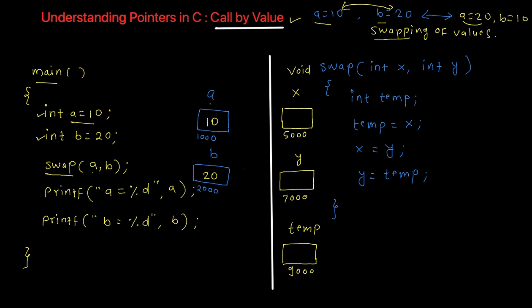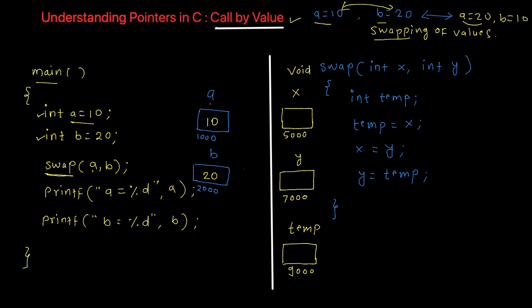I'm calling the swap function by saying, hey swap, take this a and b and exchange the values of a and b. While calling, I'm passing the value of a and the value of b. The value of a is 10 and the value of b is 20.